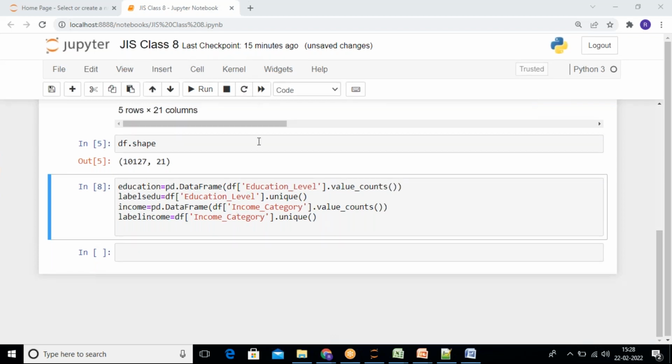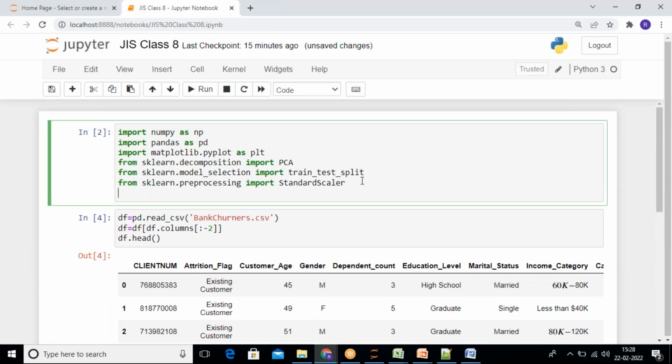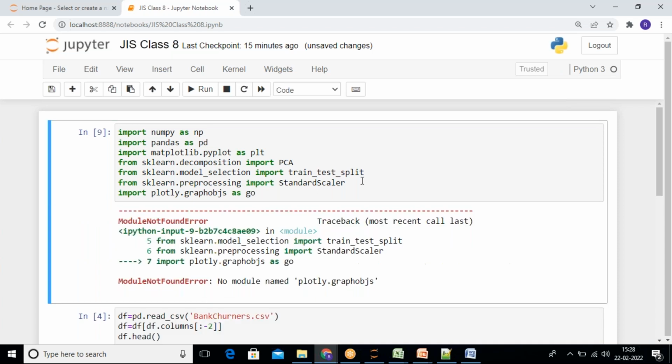Wait, I need to import Plotly graph objs as plotly.graph objs.